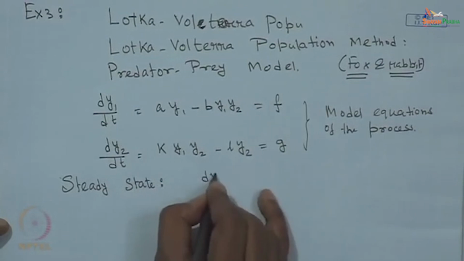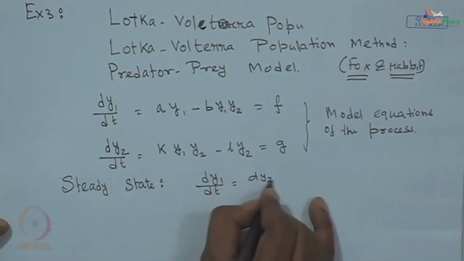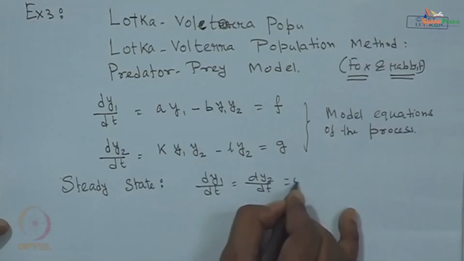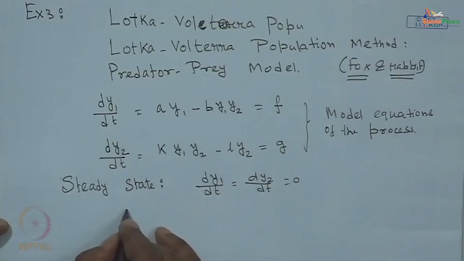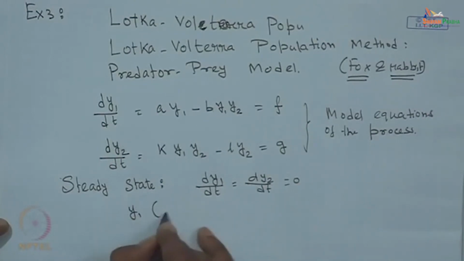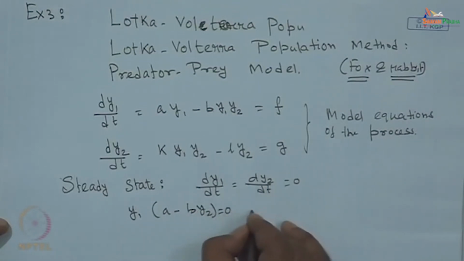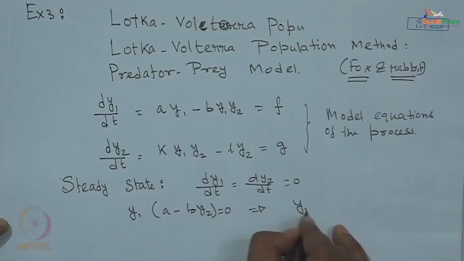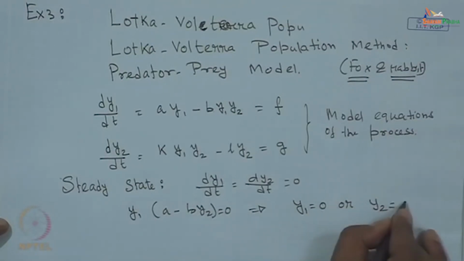The steady states are obtained by putting dy1/dt = dy2/dt = 0. So, if you put the first equation to be 0, it becomes y1 (a - b y2) = 0. So, it has two solutions, y1 equal to 0 or y2 equal to a/b.